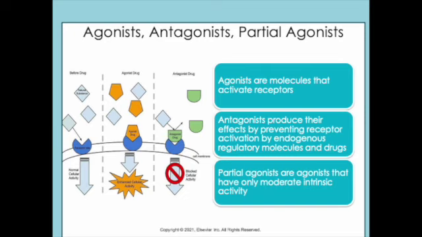Now, antagonists can be subdivided into two major classes: non-competitive antagonists and competitive antagonists. But most antagonists are competitive. When there is a non-competitive antagonist, they will bind irreversibly to receptors. The effect of irreversible binding is equivalent to reducing the number of receptors available for an agonist to activate.